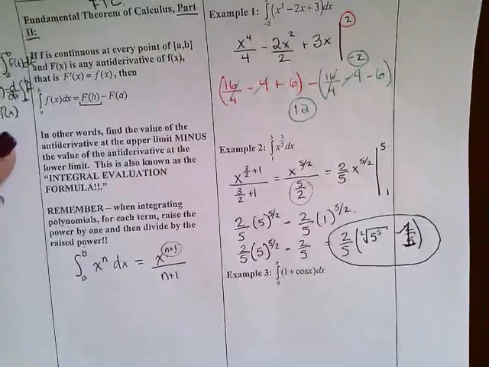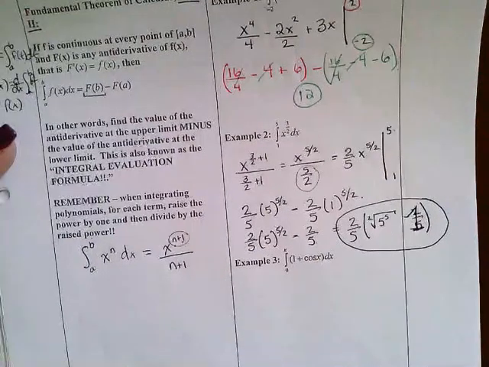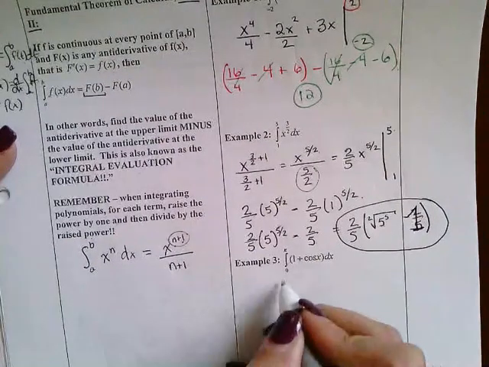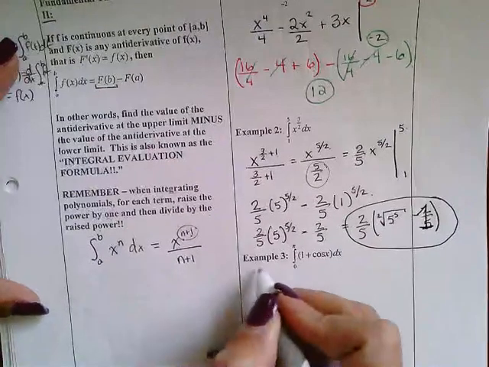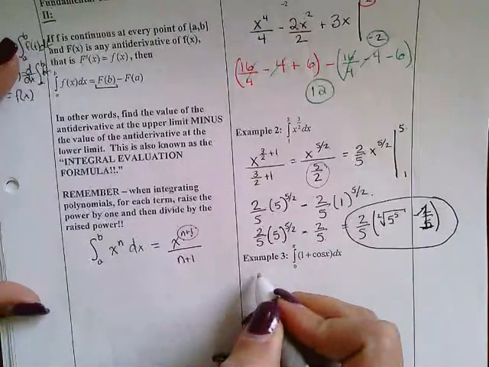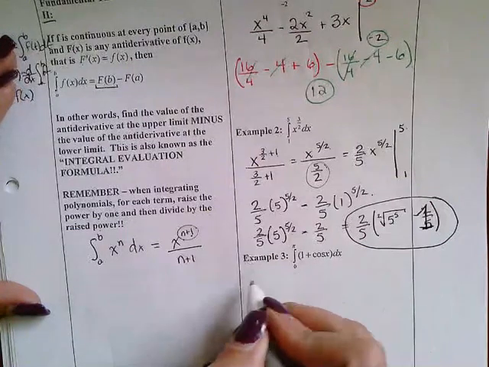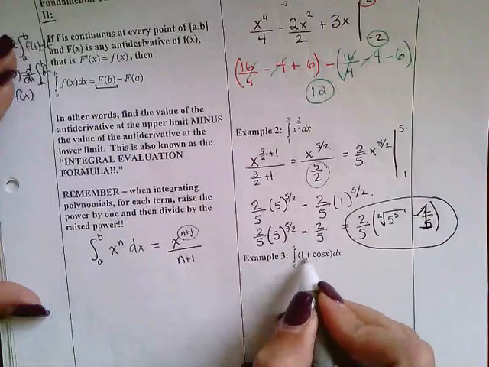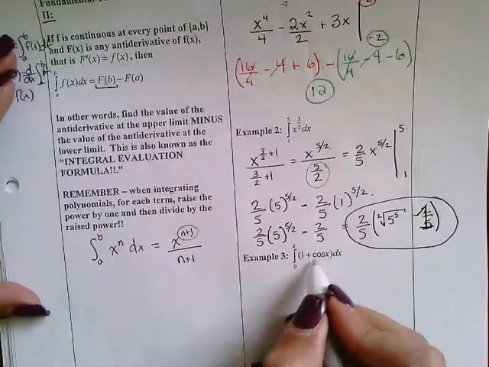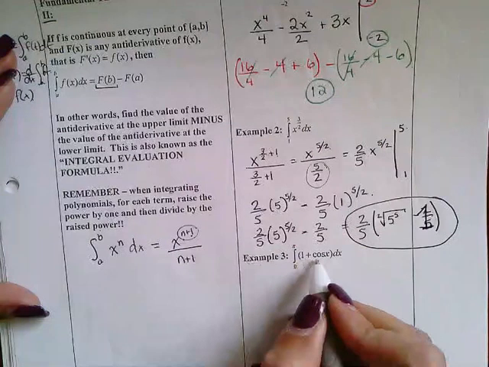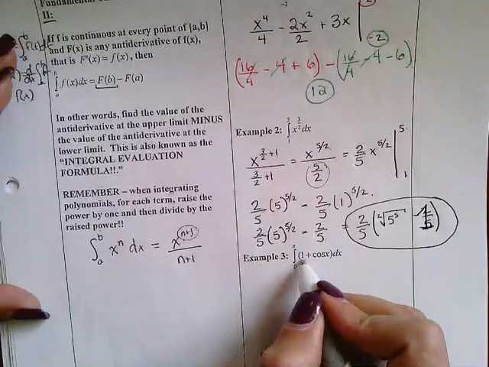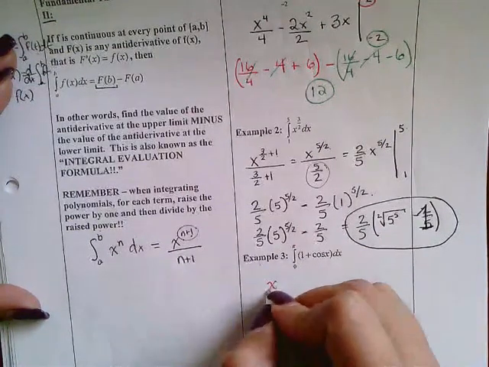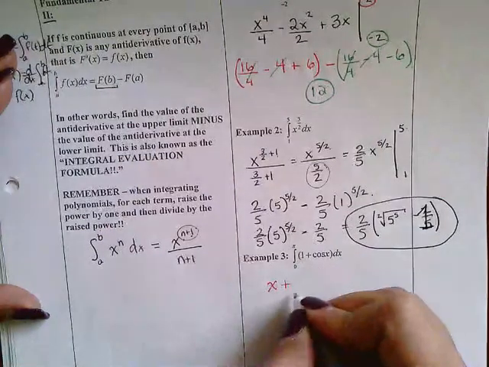Alright, next, there are 2 ways to do this. You can either use the additive property, basically by splitting up. Remember, you can split up the integral from 0 to pi of 1 plus the integral from 0 to pi of cosine of x. But this is easy enough that we can do it directly. What is the integral of 1? It's x, plus, what's the integral of cosine?